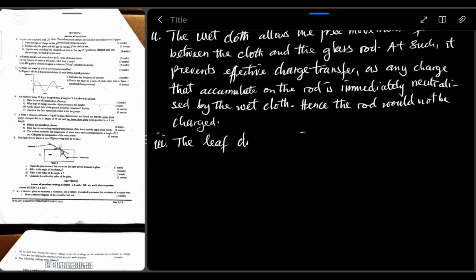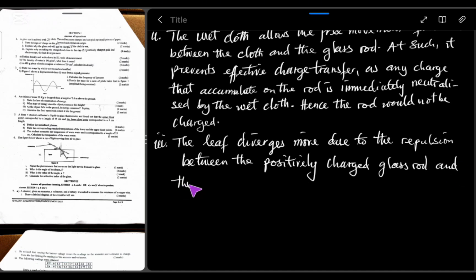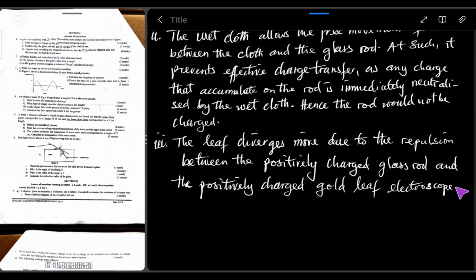The leaf diverges more due to the repulsion between the positively charged glass rod and the positively charged gold leaf electroscope, in accordance to the law of electrostatics.